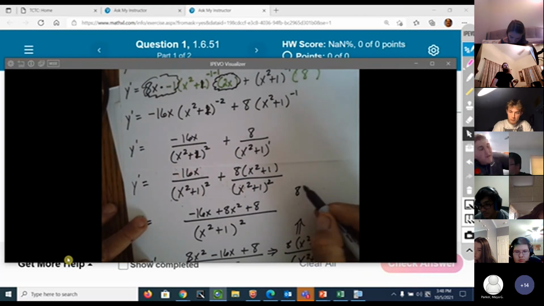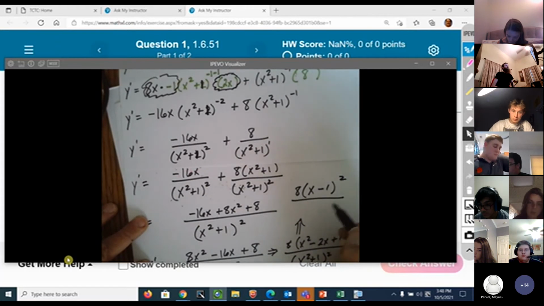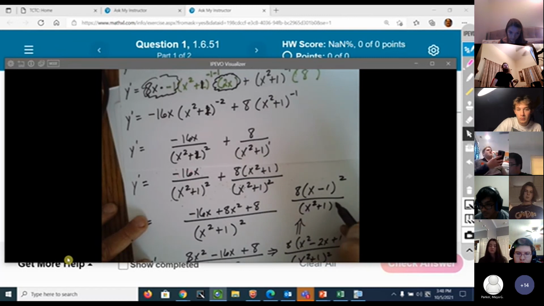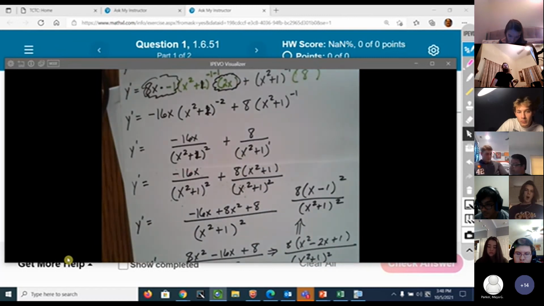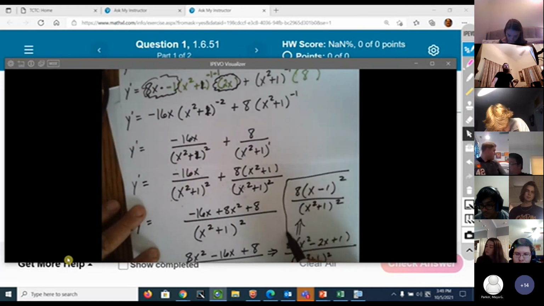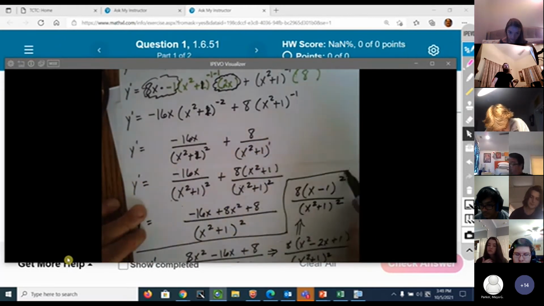And that's going to be 8 times x minus, no, it's not going to work, over x squared plus 1 to the second power. So I tried. That's your equation. One of these is your equation, depending on what they want.